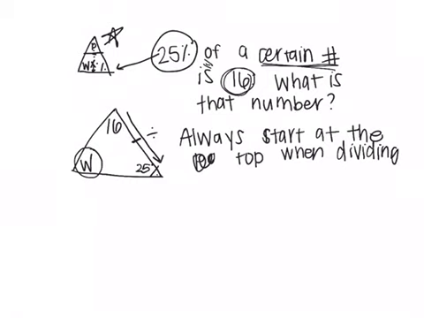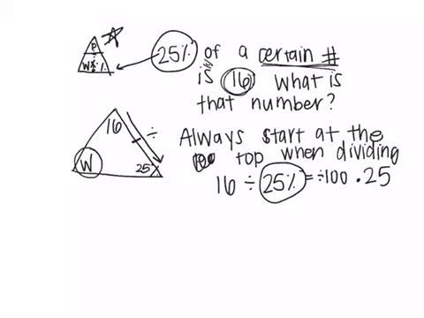Meaning 16 is my dividend. So I'm going to take 16 and I'm going to divide it by 25%. But remember, I can never do an operation with a percent. So I'm going to convert that into a decimal by dividing by 100. Therefore, I now have 25 hundredths. So my new problem is 16 divided by 25 hundredths.